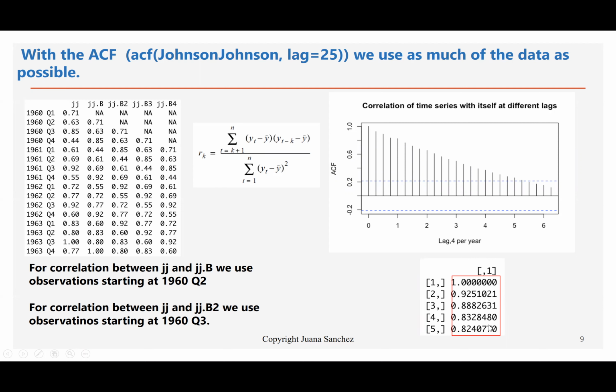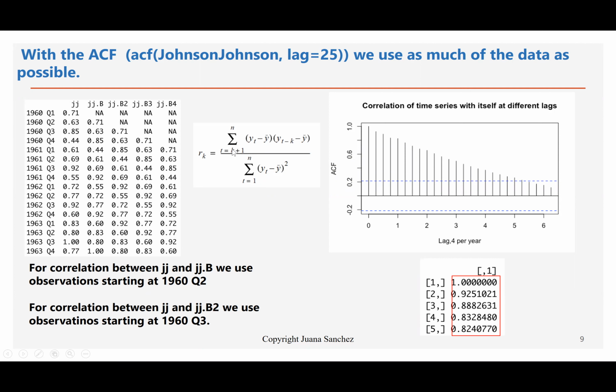There is also another difference with how we calculated the Pearson correlation coefficient, and that comes from the formula of the autocorrelation coefficient. The autocorrelation of a time series with itself lagged k periods is this formula.